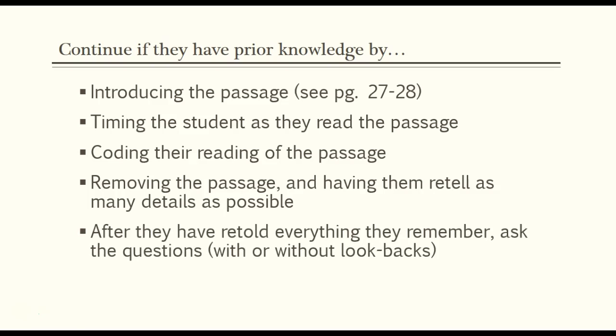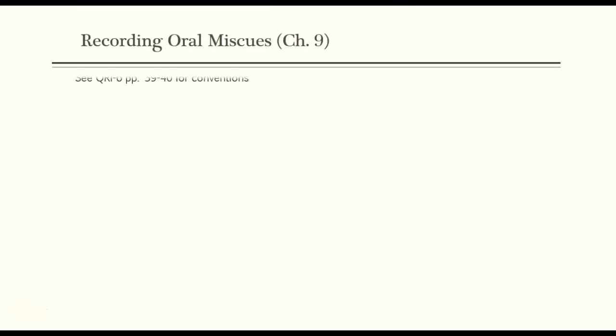And then after they've retold everything, have them answer the comprehension questions. You can have them do as best they can without looking back, and then offer the look back, and just note, did they need to look back? And when they did look back, were they able to quickly find the information they needed?